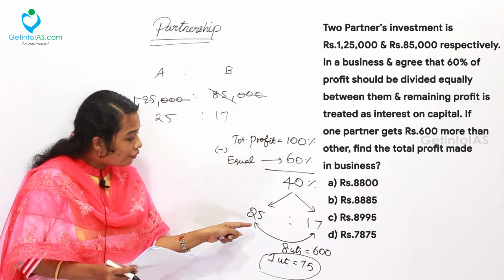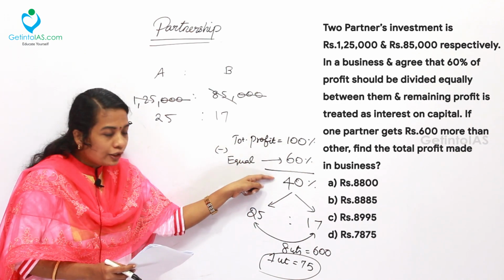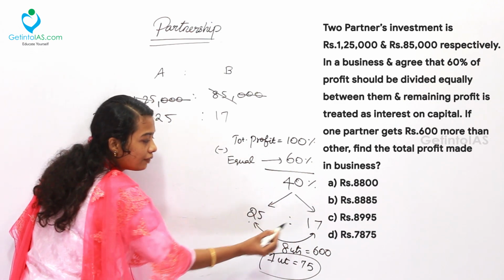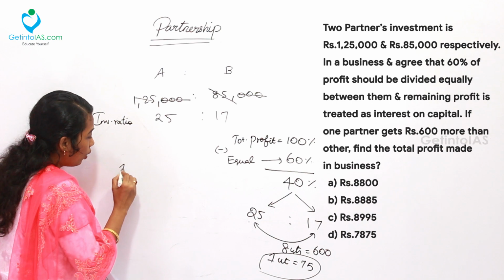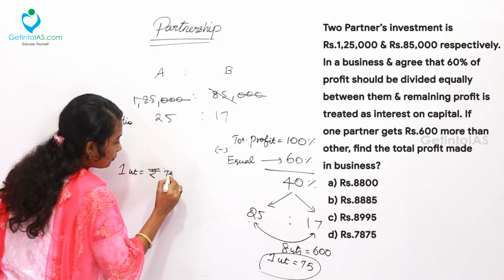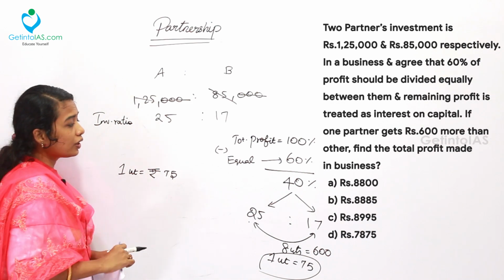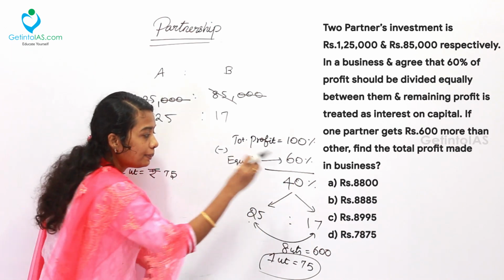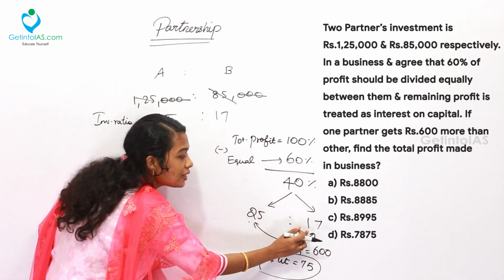Okay. Now, from the ratio, how to convert into percentage value? Let me say 25 and 17. So here 1 unit is equal to rupees 75. So what is this 40% actually in terms of ratio? This 40% consists of 25 plus 17.